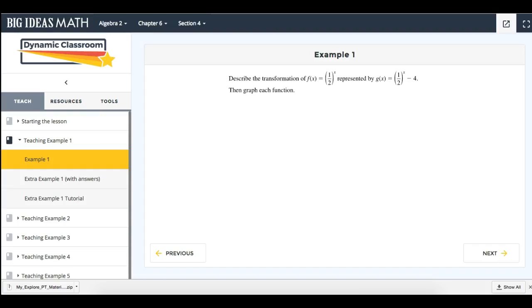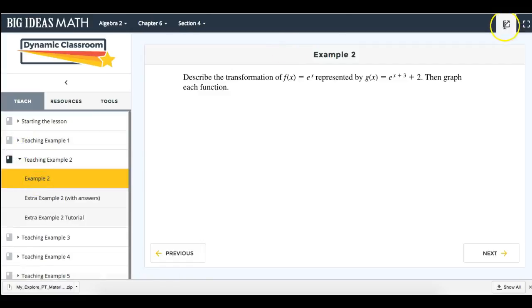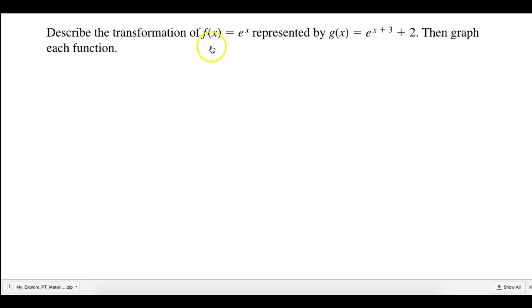All right, now the second example, we look at another transformation. Here, we've got more than one transformation that's taking place. Notice, in this case, we're looking at another exponential function, but our parent function is e to the x power, and our transformation is e to the x plus 3 power, and that whole thing plus 2.